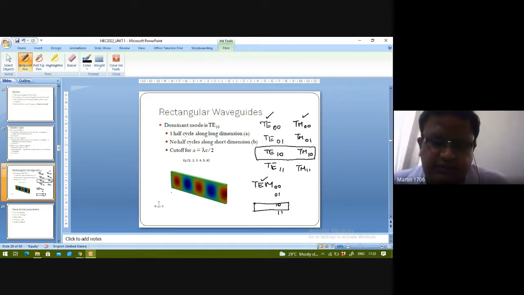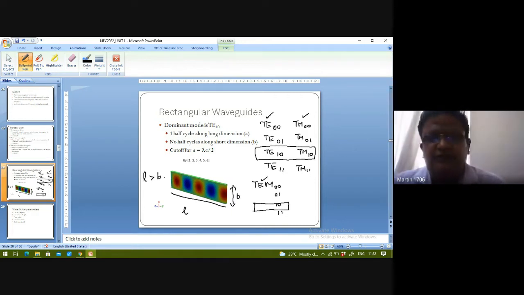You can see this is your rectangular slab. It is L and B, where L is greater than B. So if I say L is a logic of 1, then definitely B should be a logic of 0 only.